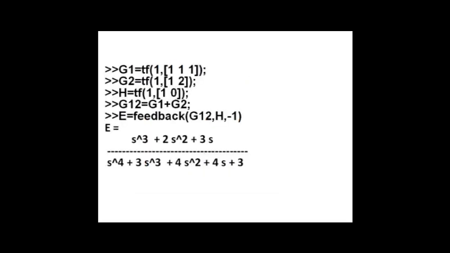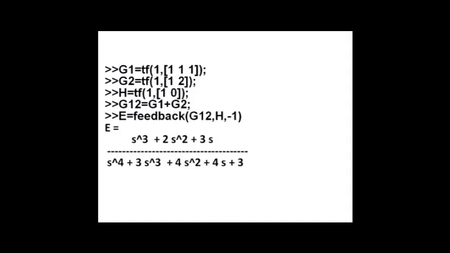In order to implement the equivalent, go to the MATLAB command prompt and enter the given three transfer functions G1, G2 and H using polynomial coefficients. What you see on the screen in the first three command lines.